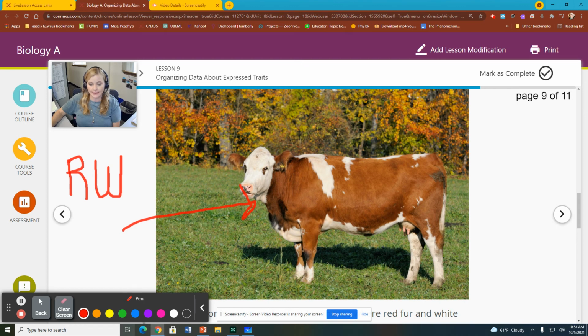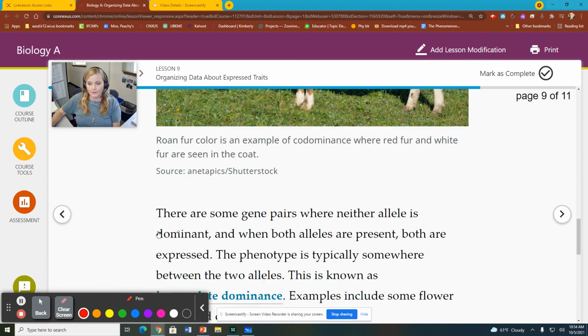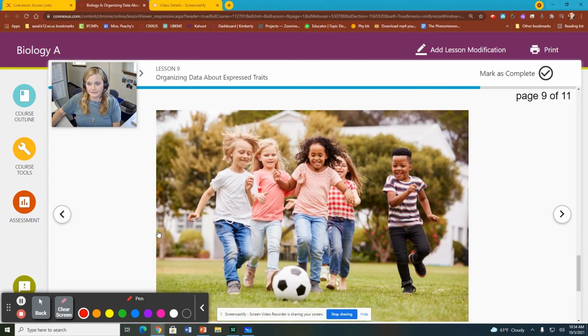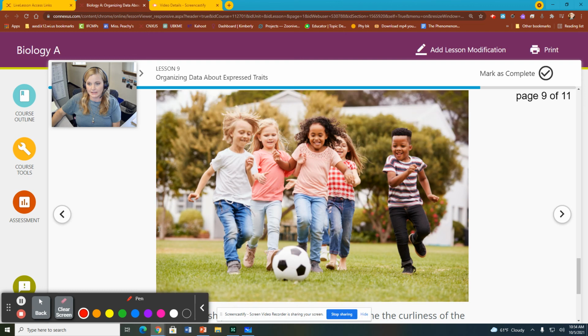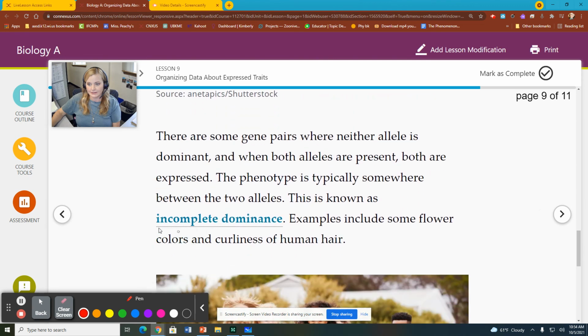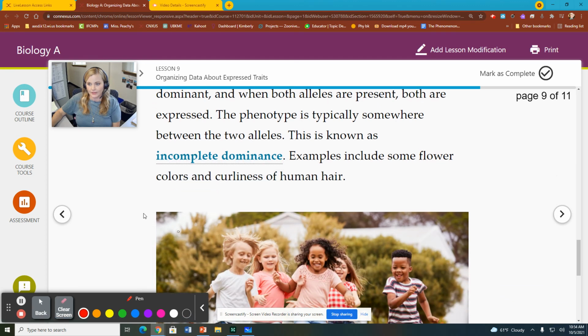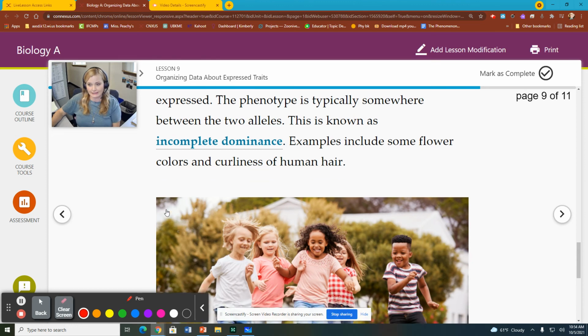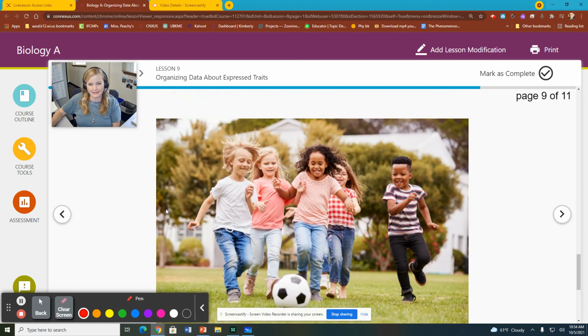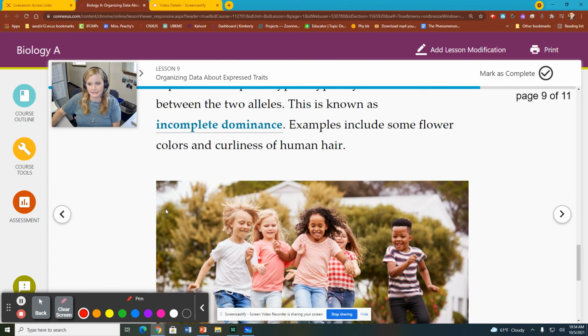That's called codominance. With incomplete dominance, we see neither allele is dominant when both alleles are present. So this is oftentimes called blended dominance, and I kind of like the blended part of it because I think it makes more sense when you call it blended dominance.